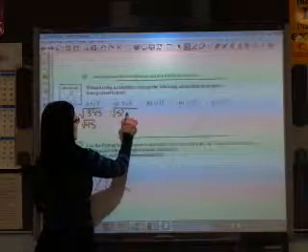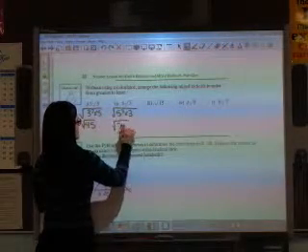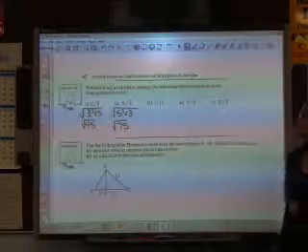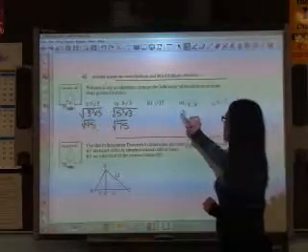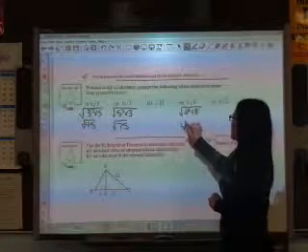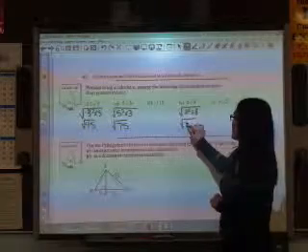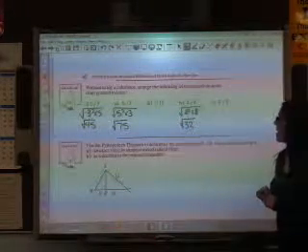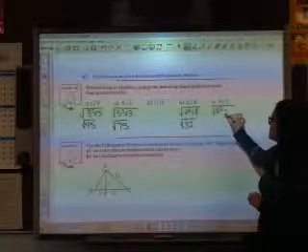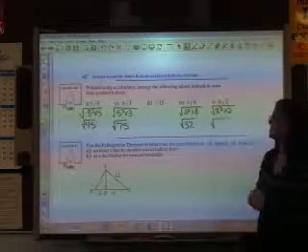Root 75. The third one I don't have to do because it's already done for me. 2 root 8 as an entire radical would be root 32, and then 8 root 2 as an entire radical would be root 100.